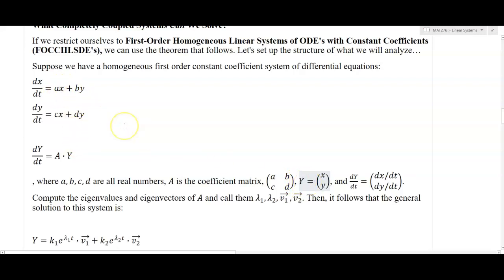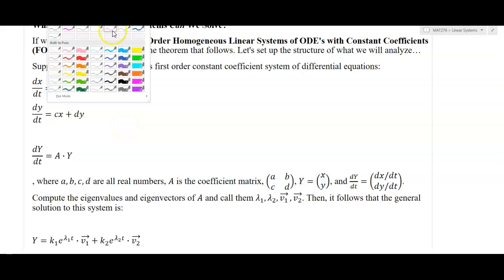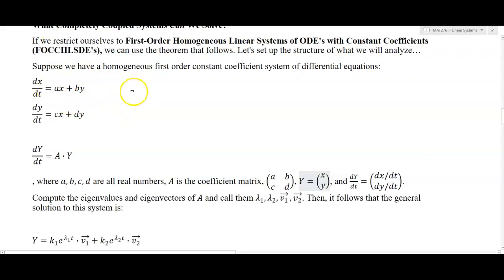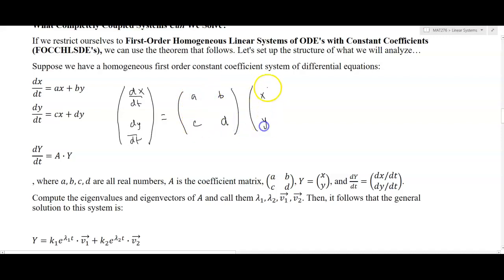If we lift up the x and y vectors by using what we know about linear algebra now, we could say that this is dx dt, dy dt, equals our A matrix, which is A, B, C, D, times x, y, which if we recall matrix multiplication, x multiplies the AC vector, producing AX and CX, y multiplies the BD vector, producing BY, DY, and then the result gets added together.